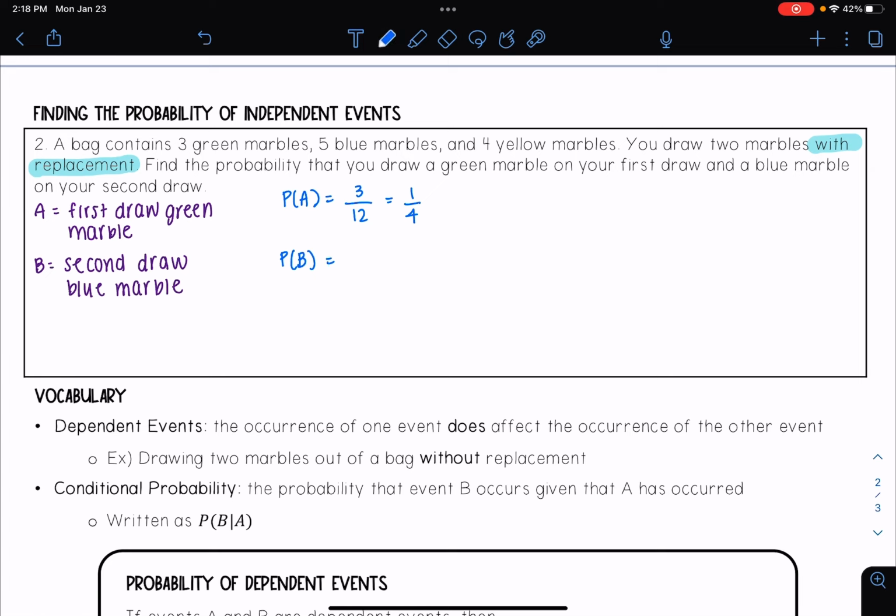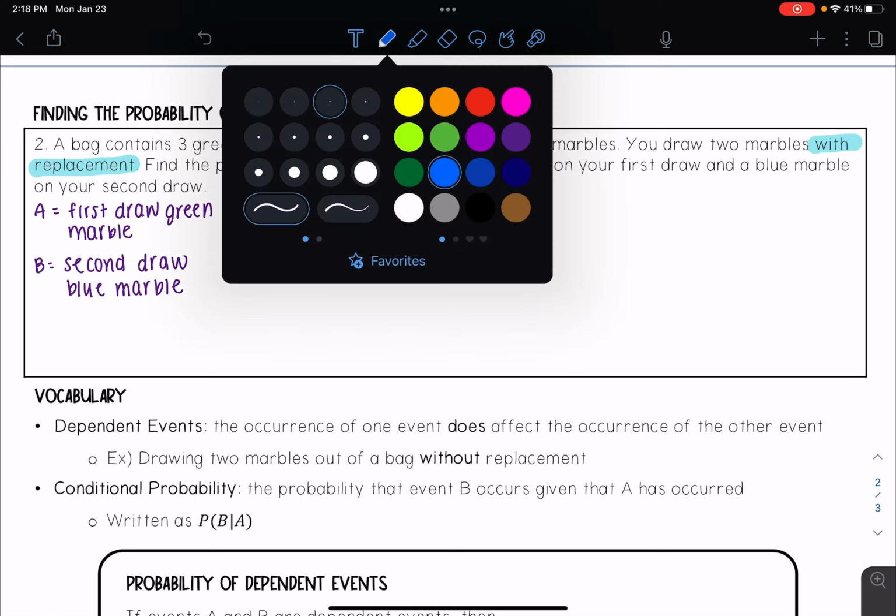Okay, probability B is I want to find the probability that I draw a blue marble. So the amount of blue marbles is 5 out of 12 marbles.